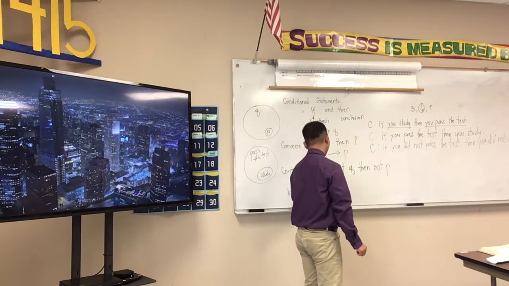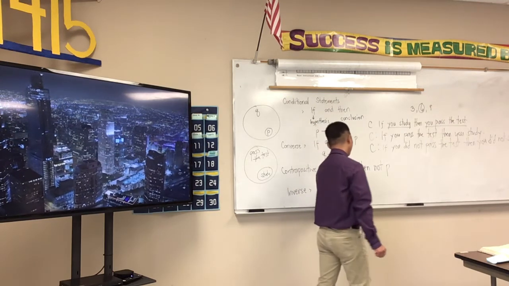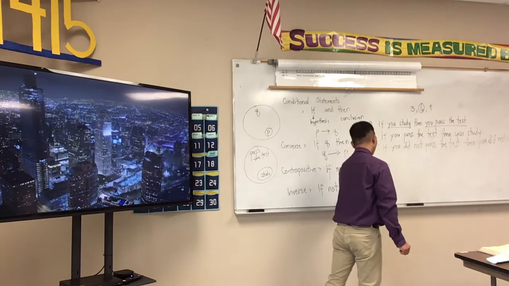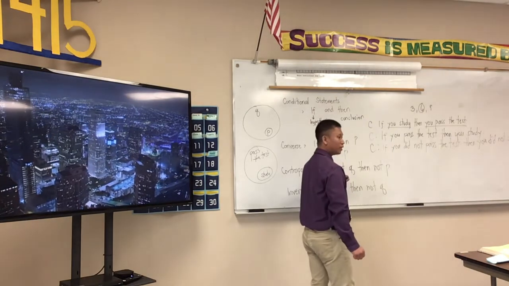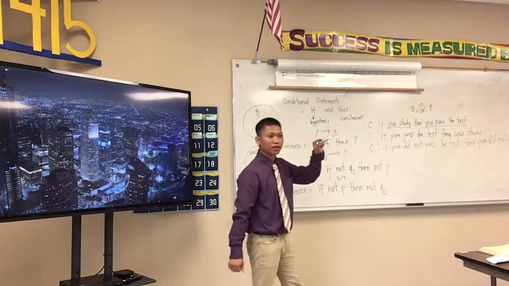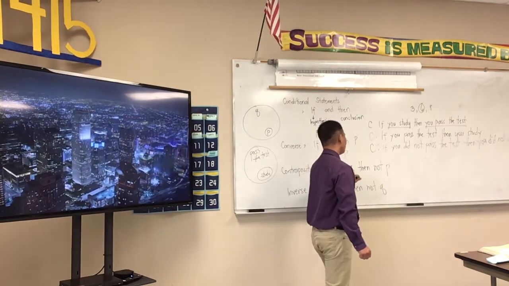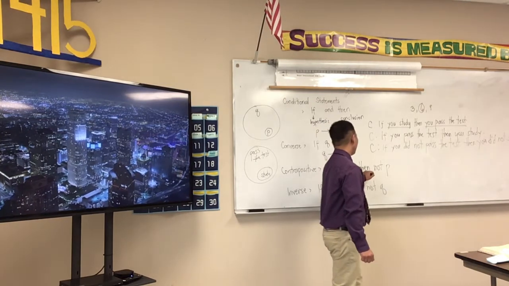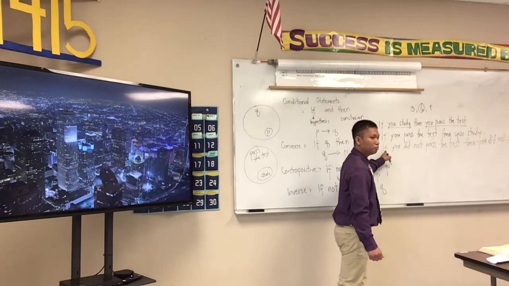We also have here the inverse. The inverse is if not P, then not Q. This is the symbol for negation. We have if not Q, it implies not P. That is our contrapositive.